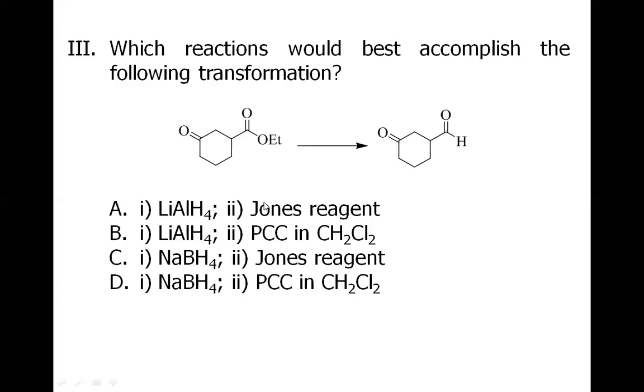However, if we consider the second step, Jones reagent is an oxidizing agent, but the problem with Jones reagent is that it oxidizes the primary alcohol to the carboxylic acid, and not the aldehyde. So hence Jones reagent can also not be the answer. However, if you look at B, PCC in dichloromethane, yes, PCC will oxidize the primary alcohol to the aldehyde, and also it will convert this secondary alcohol to the ketone.